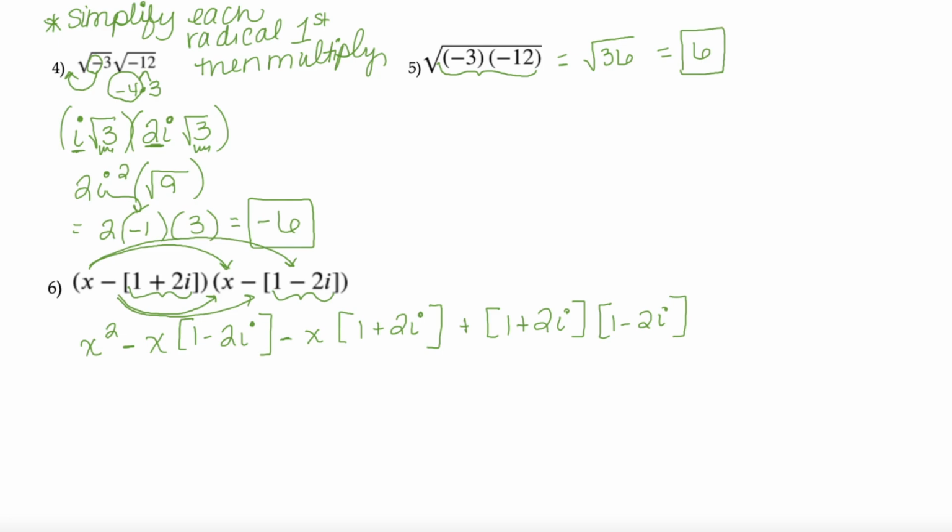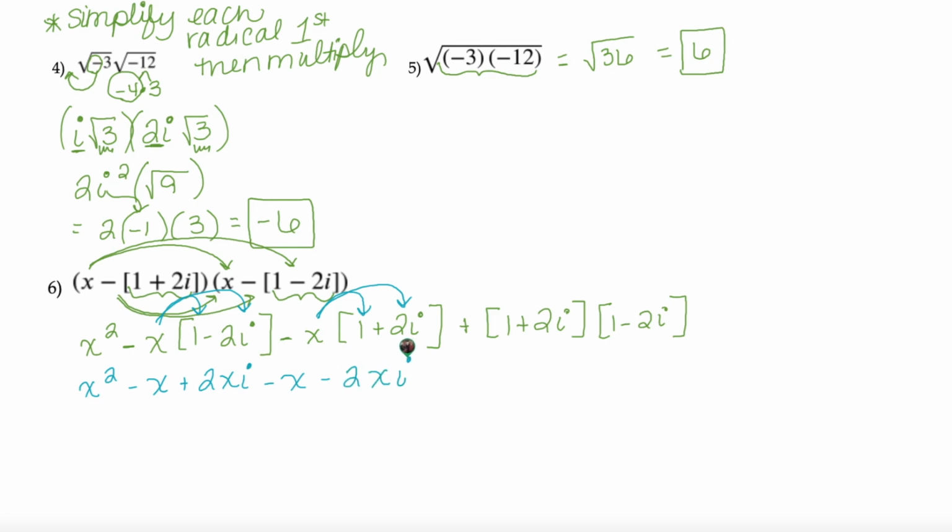This is just an alternative way that I find to be a little less messy. Now I'll distribute my negative x to each part here and here, as well as here and here. And then I'll distribute my two binomials at the end. So x squared minus x plus 2xi. You could do 2ix. I always put the variable first for some reason. Minus another x minus 2xi.